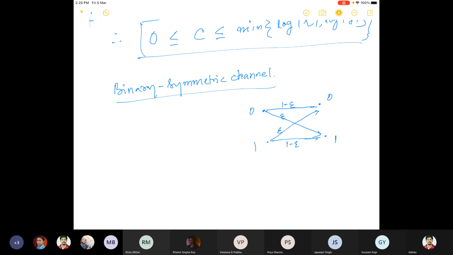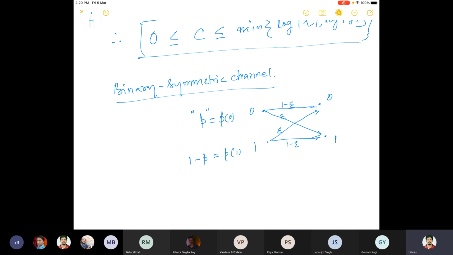So what you have to do here is, there is a probability distribution defined here on the source. This is the set of all probability vectors. Here I can say this is some p, and this is 1 minus p, for any value of p lying between 0 and 1.